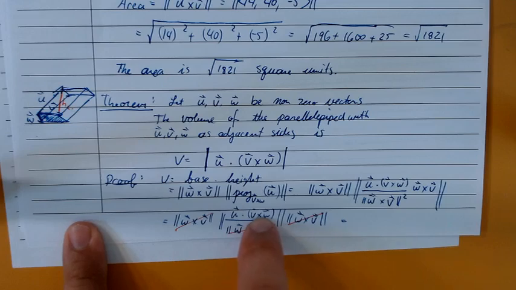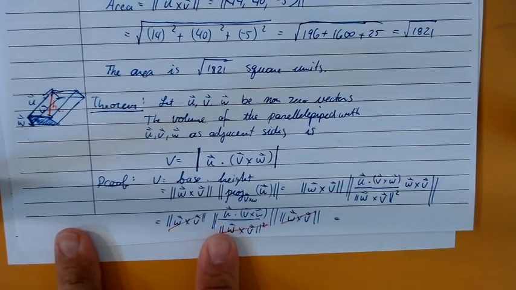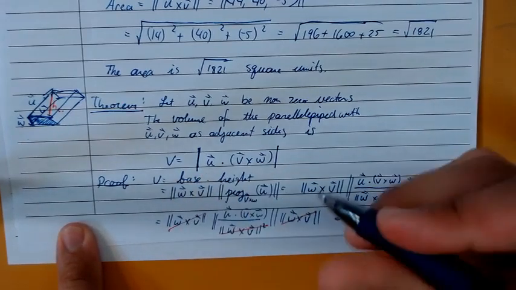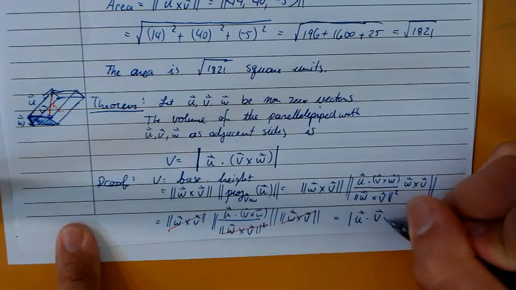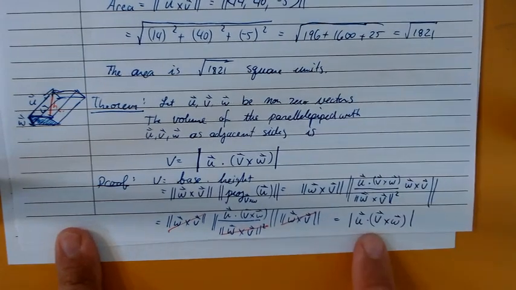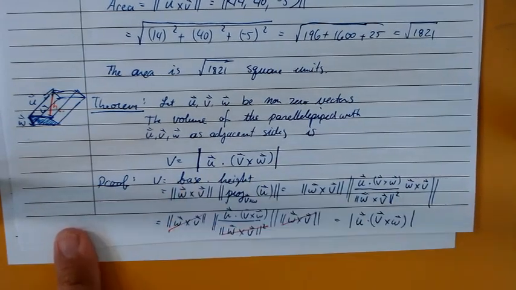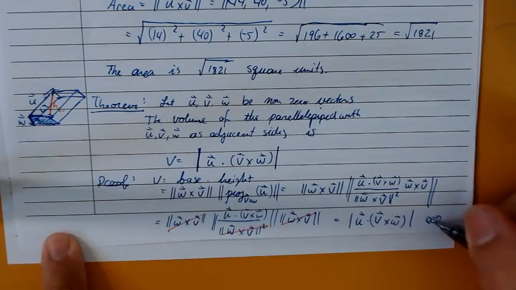That's a vector dotted with another vector, that's a number. So you're taking the magnitude of a number. Well, the magnitude of a number is just called the absolute value of the number. It's how big the number is. So it's going to be the absolute value of u dot v cross w. In other words, it's the absolute value of the triple scalar product. And that's our result.